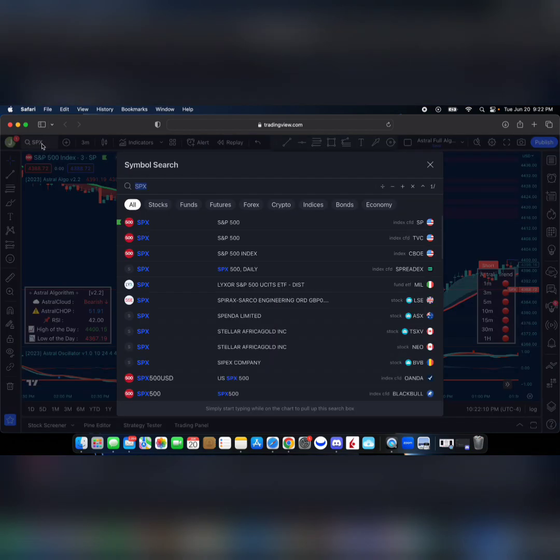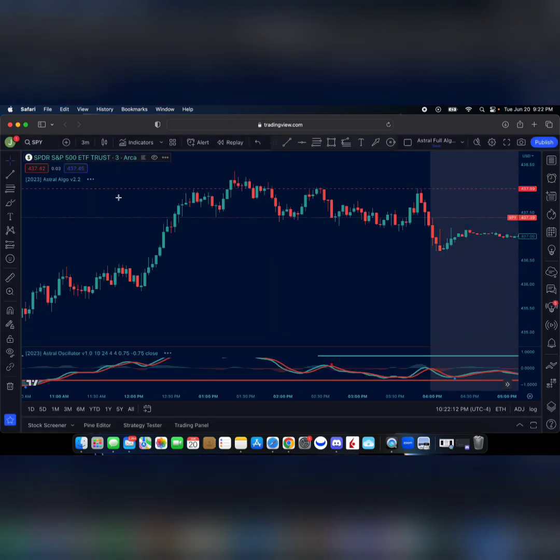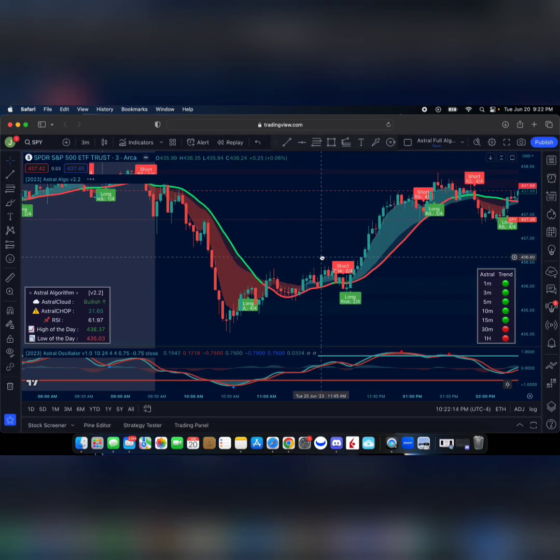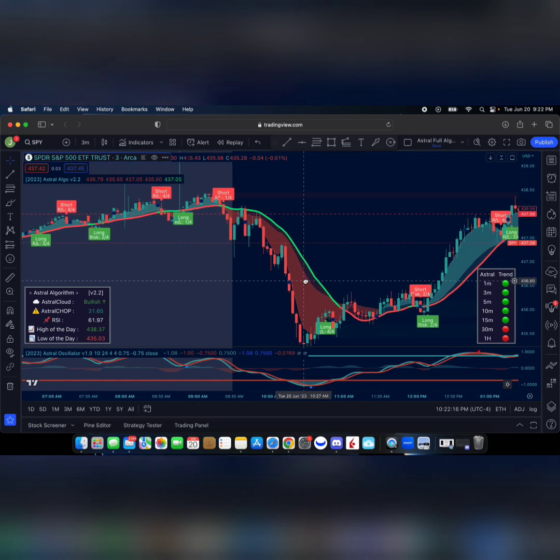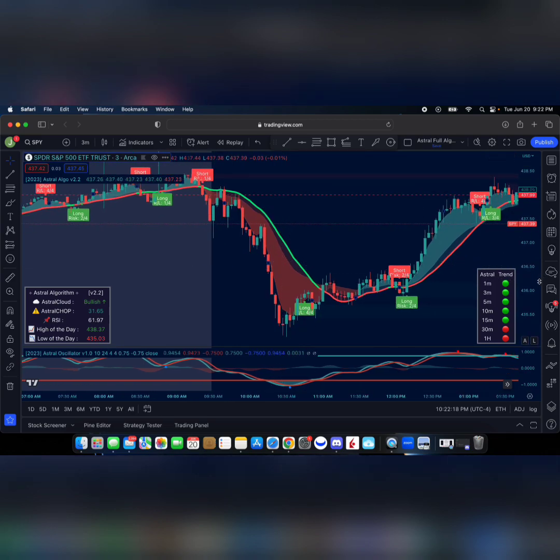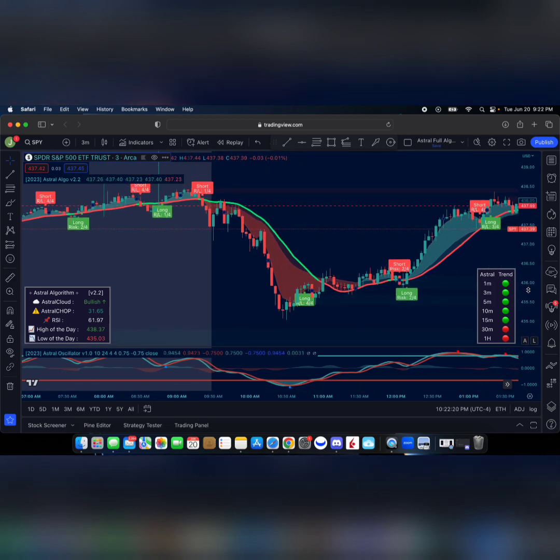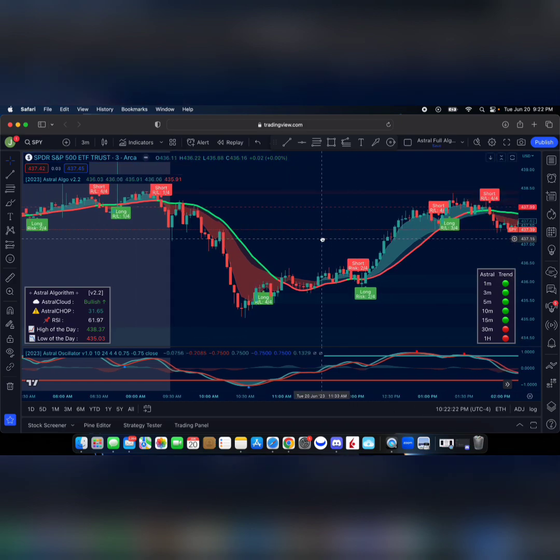Let me switch to SPY. Let it load. So yeah, this is what sets everything apart from the rest: how good it looks, how visually clean it is, and it's just super easy.